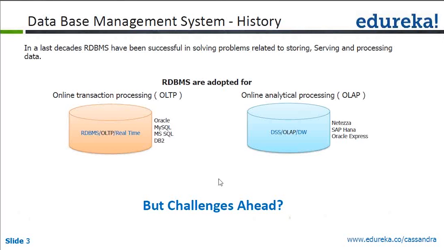And since there is a need to develop such applications, and at the same time the kind of data that they generate, there is a need to have a different kind of database that can support all these kinds of data formats, right?